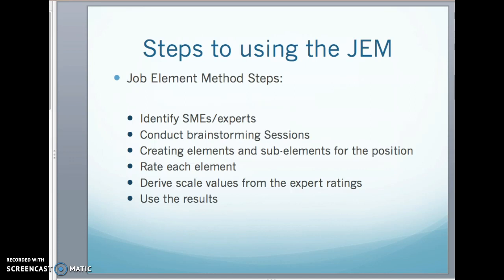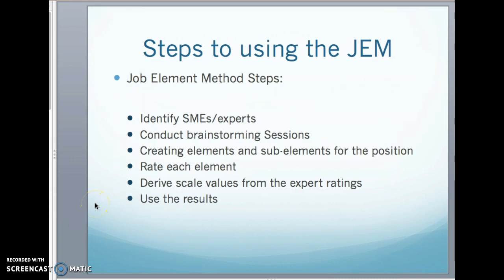The derived scale values are TV, for total value, which refers to the value of the element in differentiating ability of applicants for a job; IT, which is item index, which refers to the extent to which sub-elements are important in the content of a test; and TR, which is training value, which refers to the value of the element in training.